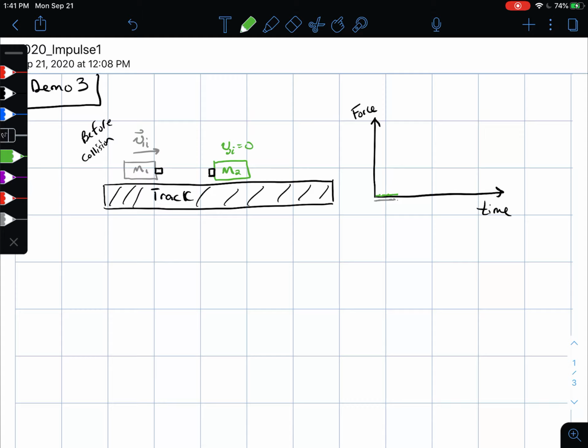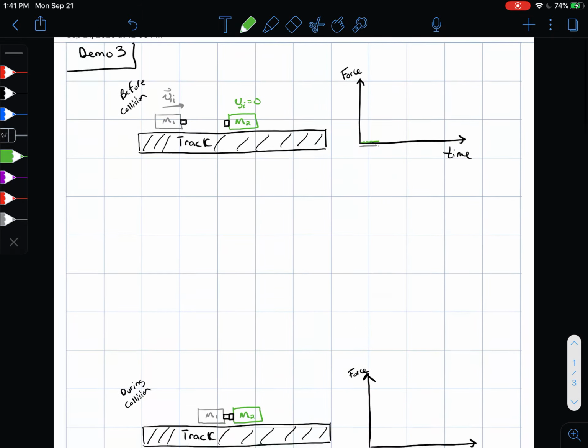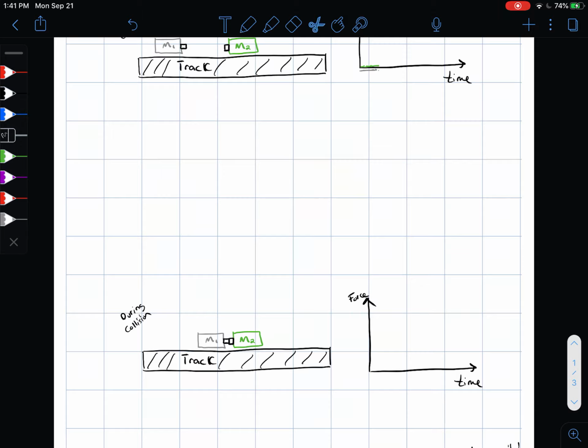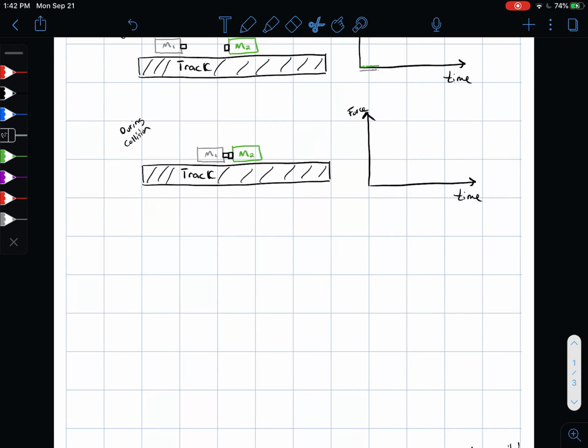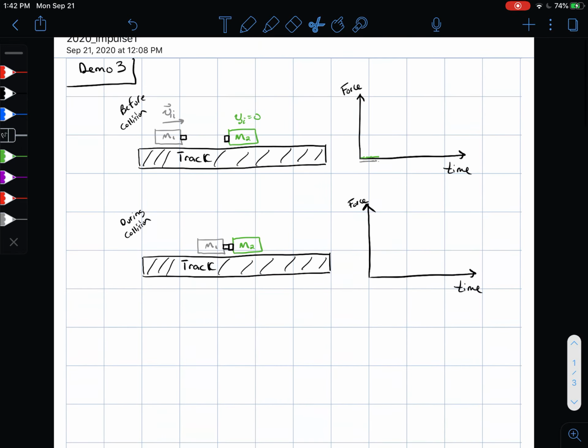But then these two came in contact. We've got a nice picture of this, so I'm just going to copy this, by copy it, I mean move it. Now we want to look at what happened when they actually came into contact. This is the same kind of picture, just making it clear that we're talking about during the collision.